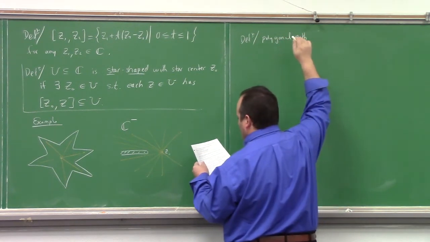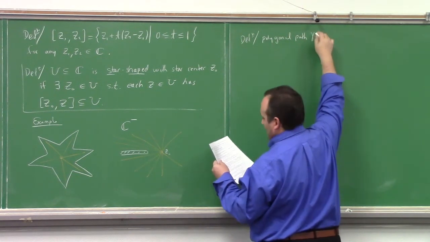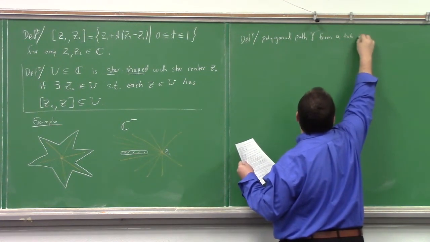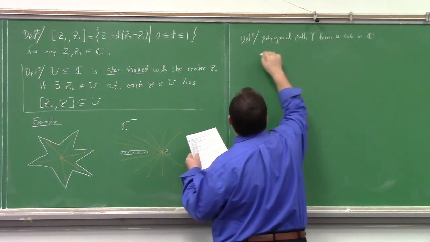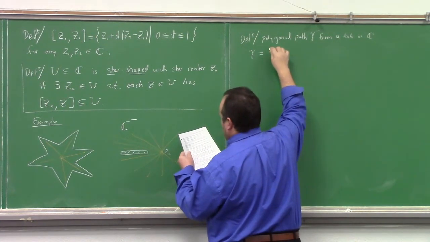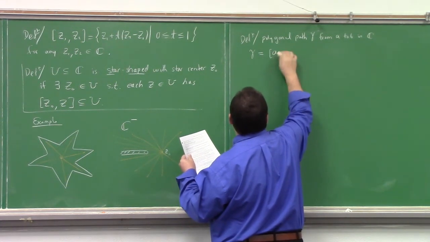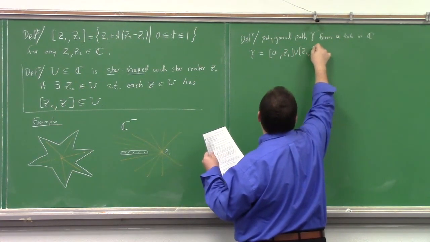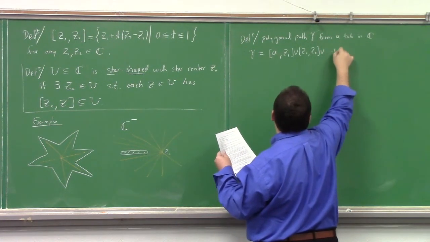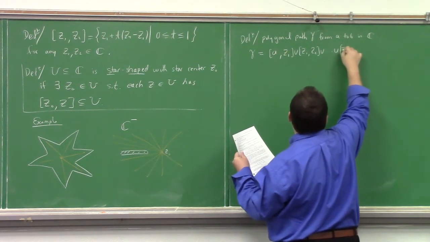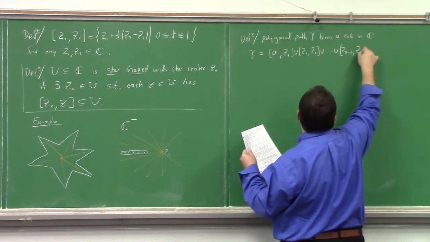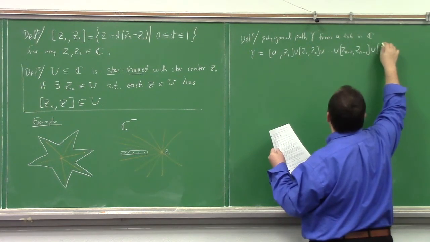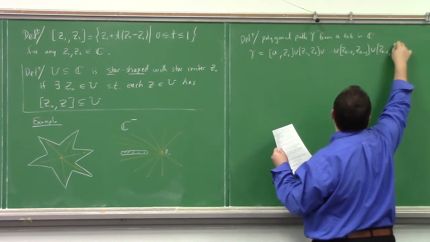We could call it gamma from A to B in C. It is something like this: gamma equals the segment from A to Z1, union Z1 to Z2, union, and so on, up to Z(n-2) to Z(n-1), union Z(n-1) to B.